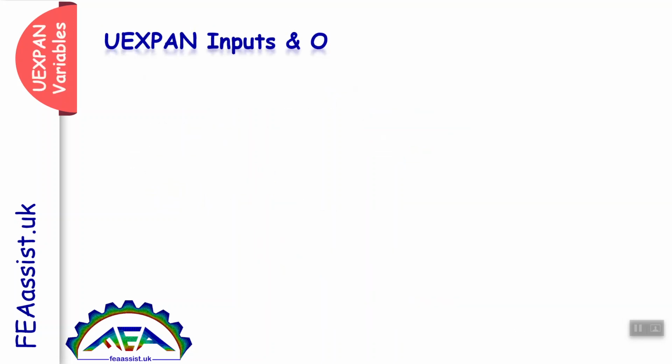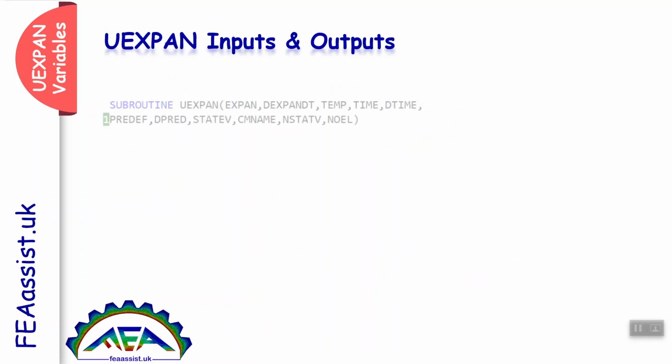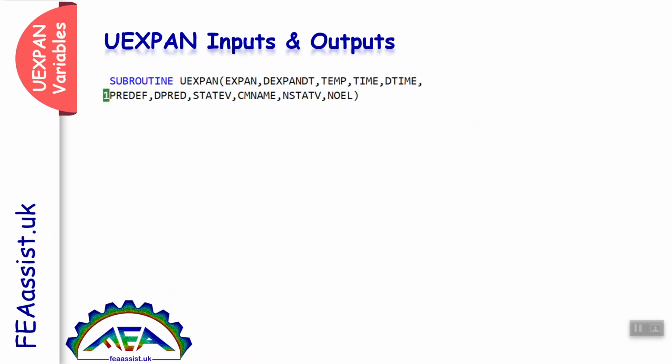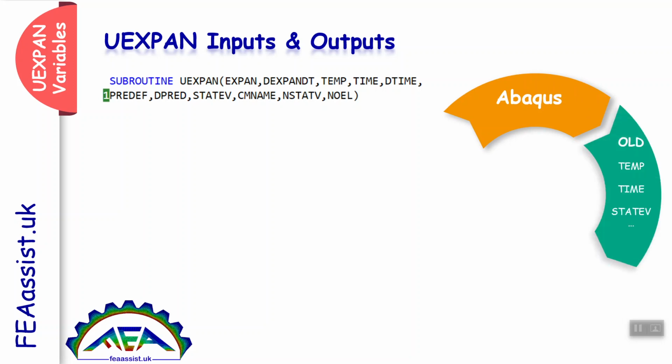UXPAN variables. UXPAN inputs and outputs. The UXPAN subroutine has some inputs and we need to process them and export an output to Abaqus. In other words, Abaqus computes temperature, time, state variables.